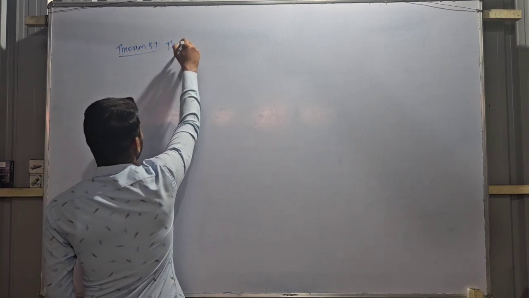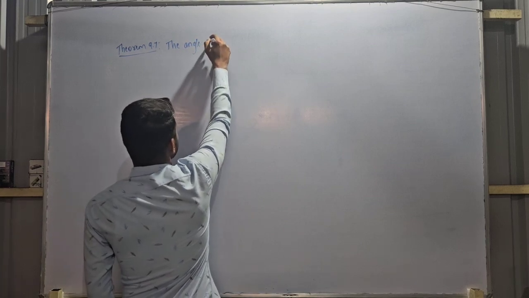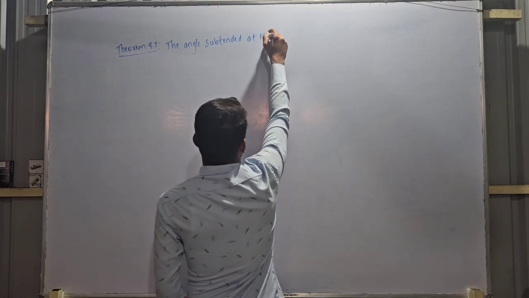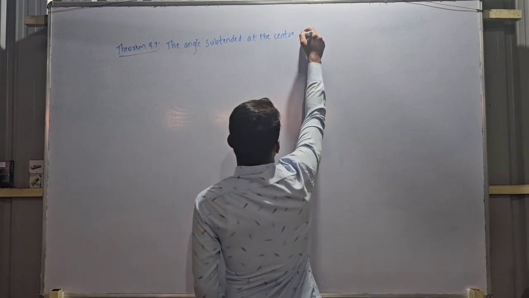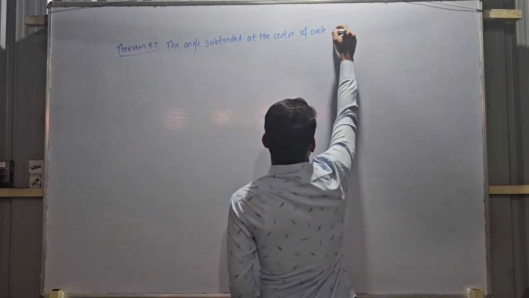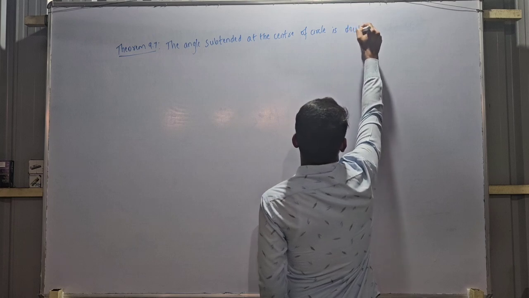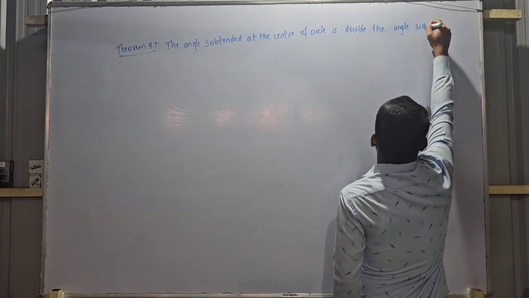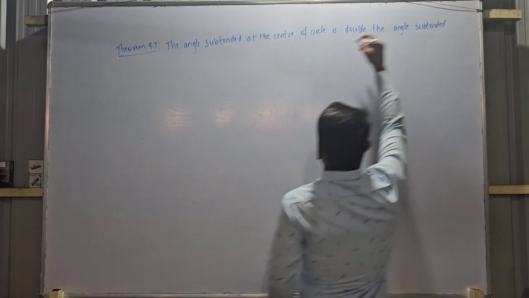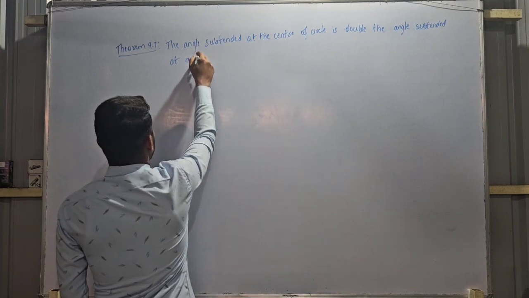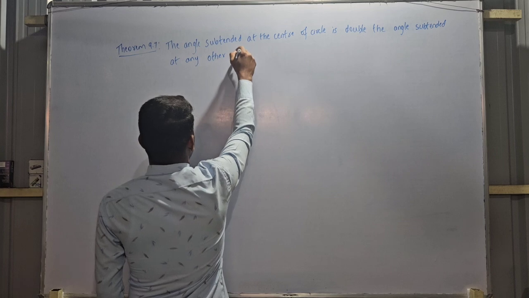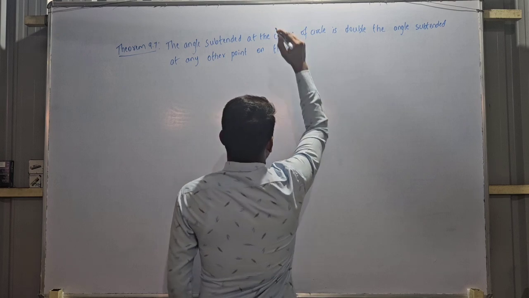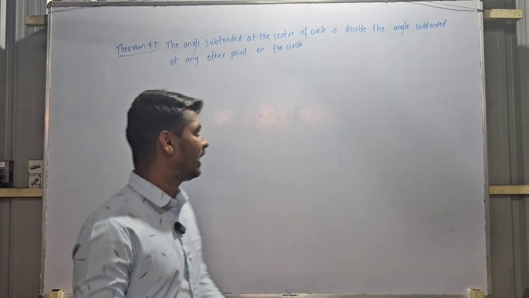It means the angle subtended at the center of the circle is double the angle subtended at any other point on the circle. Okay, so this is the statement of theorem number 9.7.